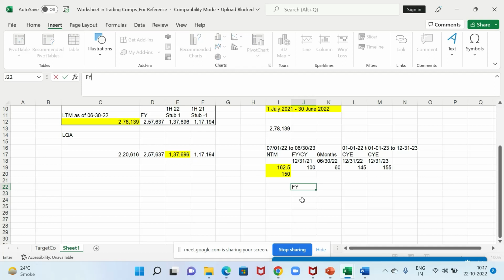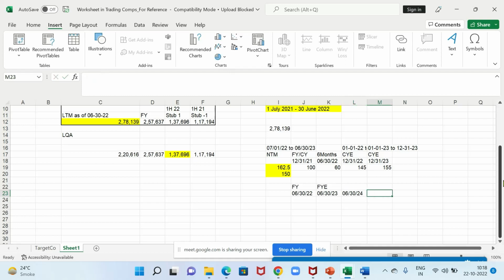Suppose my fiscal year was this, right? This is my fiscal year, like for MSFT. So what will brokers do? They will give me fiscal year ending numbers only. It will be 06/30/23 and so on, right?